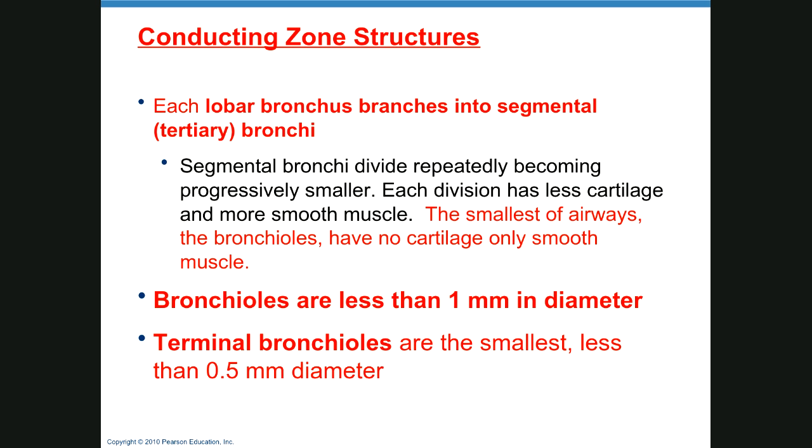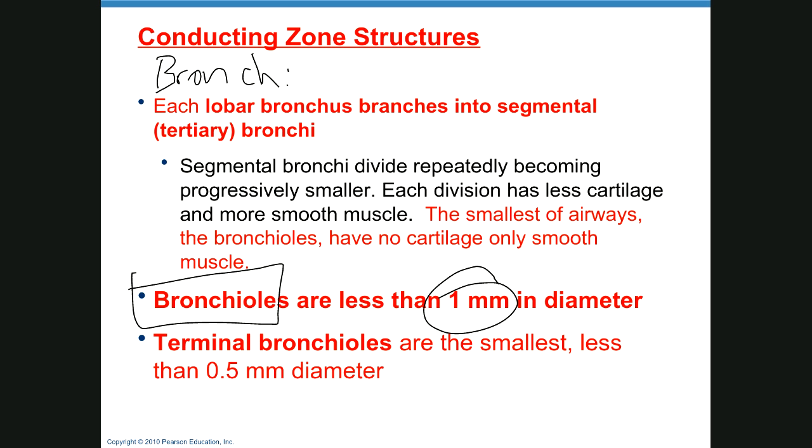So there will be progressively smaller and smaller bronchi until these tubes become so tiny, about 1 millimeter in diameter, and then we call them bronchioles. Now, bronchioles and bronchi have more than just size differences between them. Bronchi are going to have lots of cartilage and less muscle.